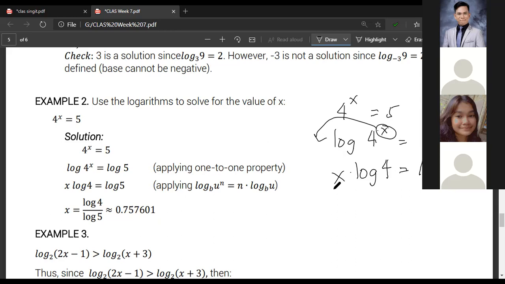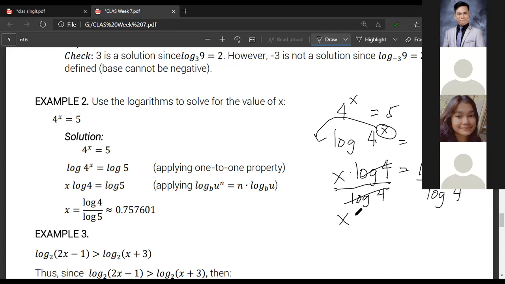Ang kailangan lang natin is x. Ngayon, paano natin hihiwalay si x dun sa log of 4? Divided by log 4, sir. Okay, very good. I-divide natin both sides ng log of 4 para ma-cancel yung log of 4, kasama ni x, at nalipat si log of 4 sa kabila.